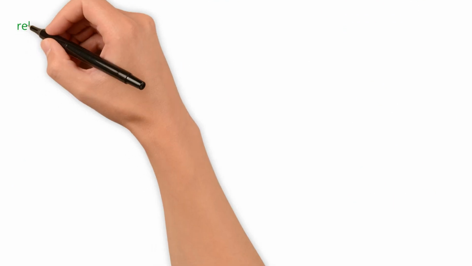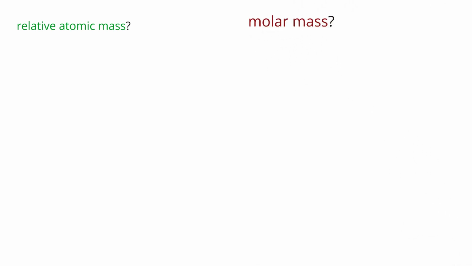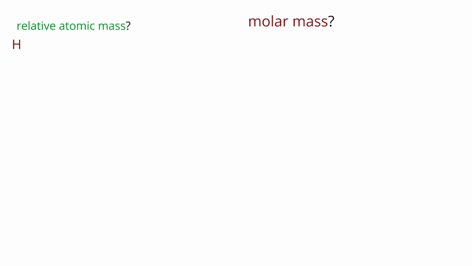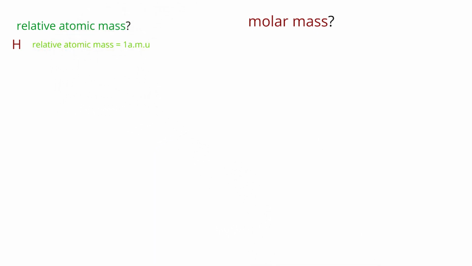Now, relative atomic mass and molar mass. I will explain the difference between these two. Let me give you an example about relative atomic mass. The mass of a single hydrogen atom is its relative atomic mass, which is equal to 1 atomic mass unit.